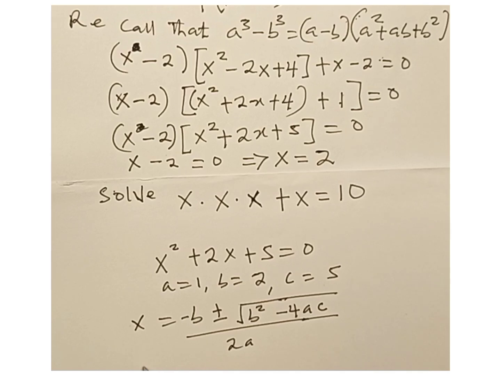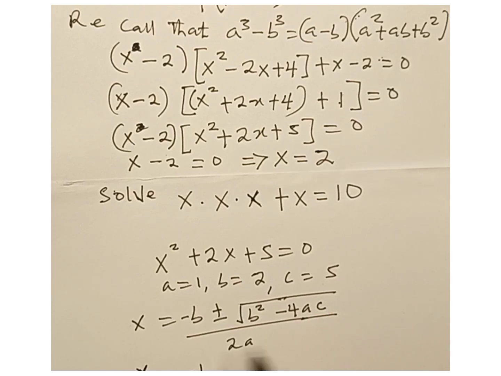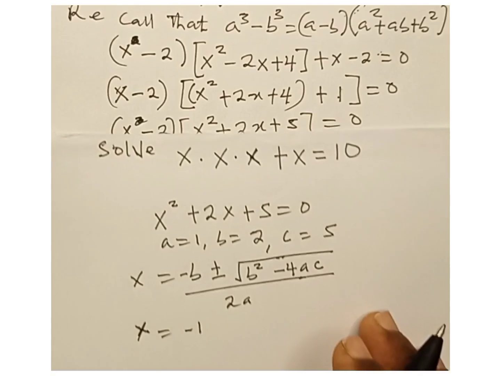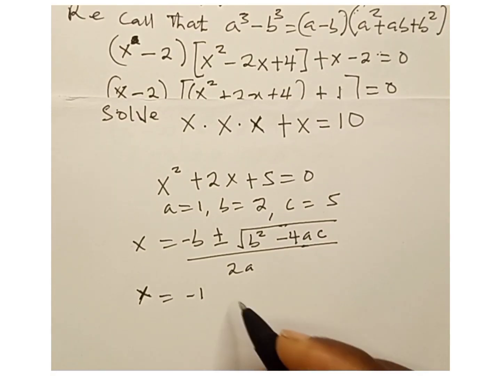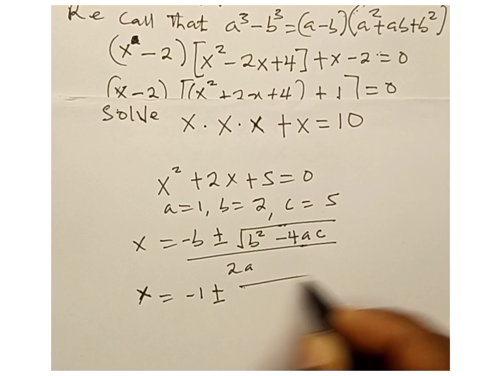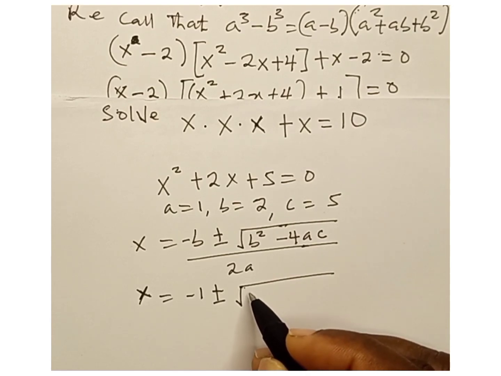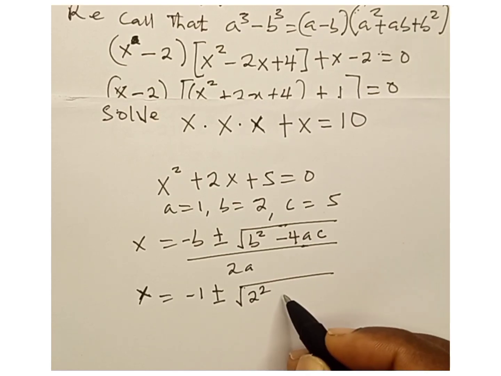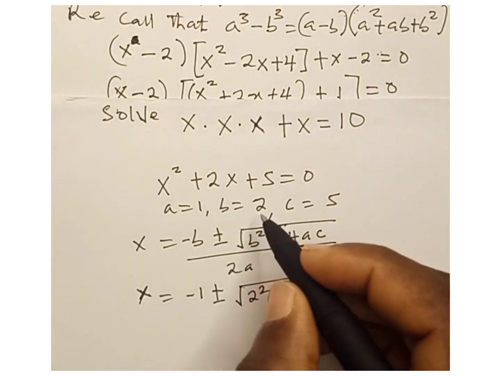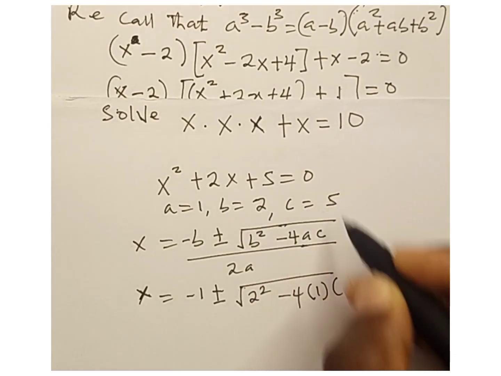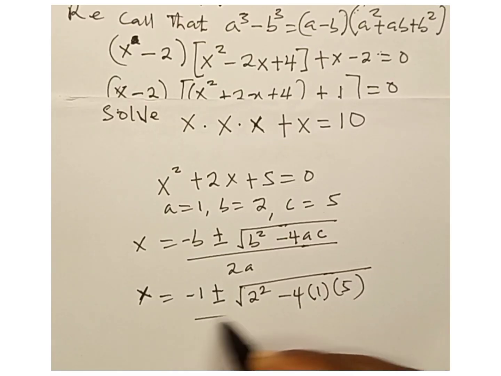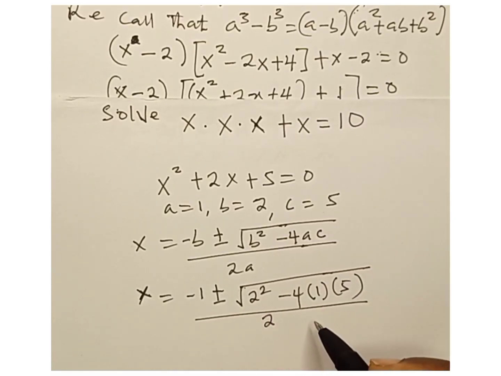We substitute now. We're going to have x equals to minus 1 plus or minus square root of 2 square minus 4 bracket a is 1 and c is 5, divided by 2 times 1, which is 2.